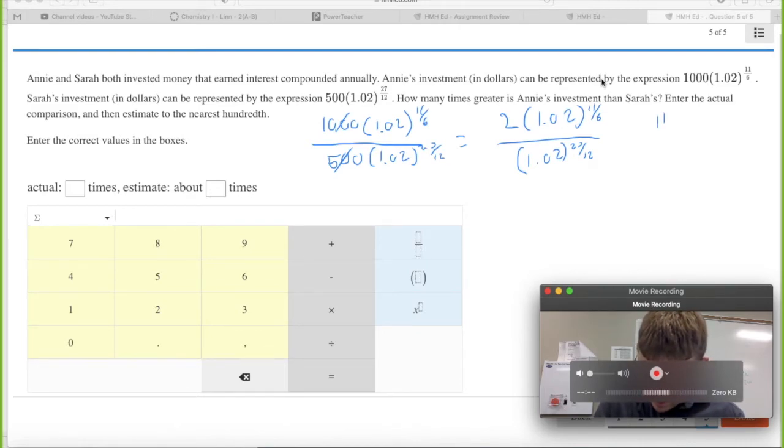So we've got 11 over 6 minus 27 over 12, which is also equal to 22 over 12 minus 27 over 12, which is equal to negative 5 over 12.